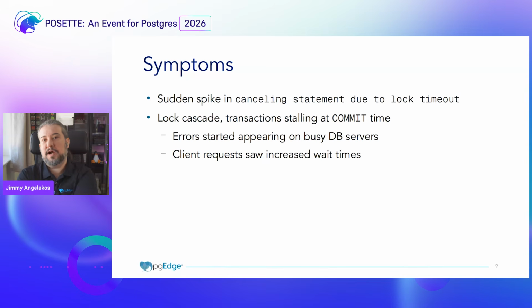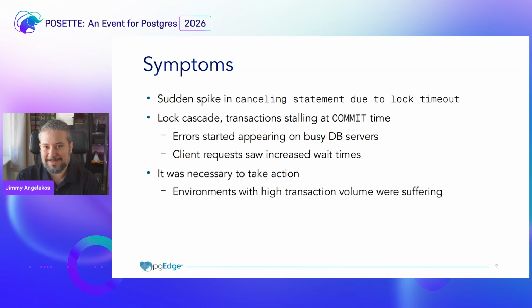So this signified that there was a lock cascade and that the transactions were stalling at commit time. The consequence of that is that errors started appearing on database servers that were really busy. And because things were erroring out or delaying, the client requests had increased wait times, which we can see in the monitoring.